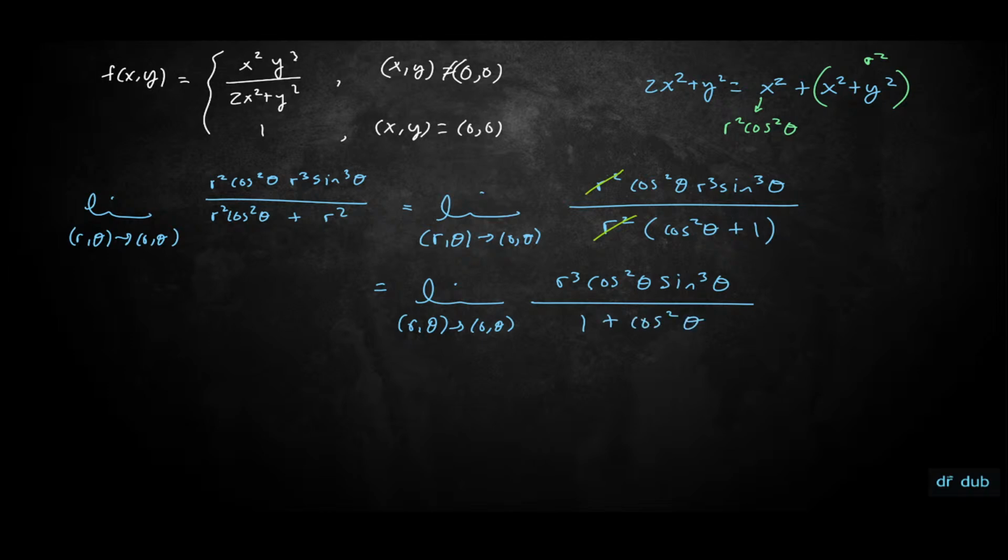And this would always be 0 because that denominator is never going to be undefined for any theta value because we're squaring cosine. So this limit would still be 0. So even if that 2 were down there, we'd still be okay.